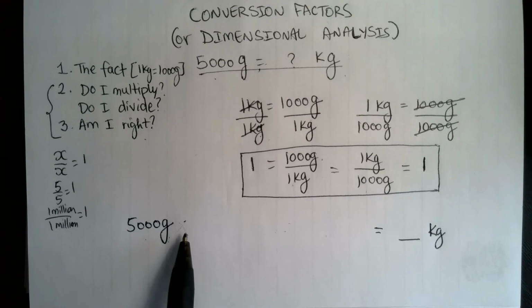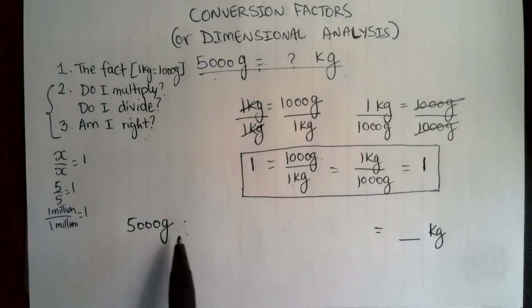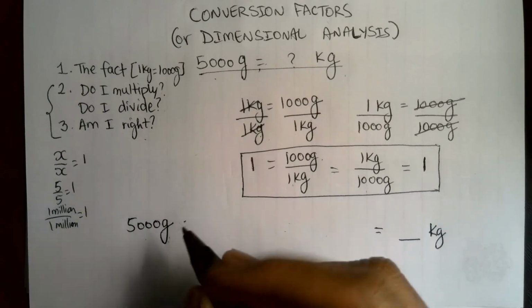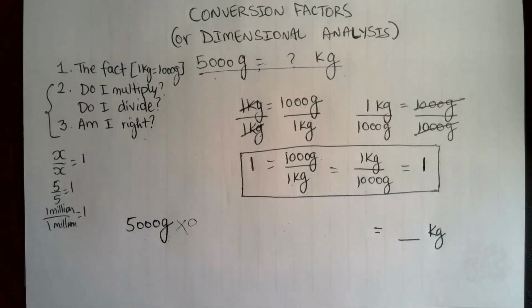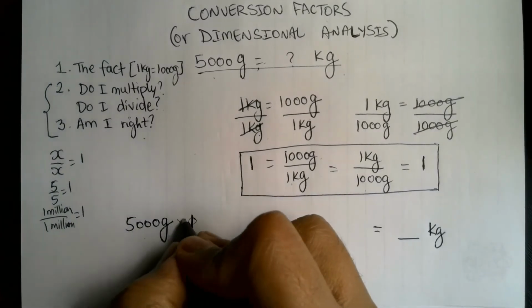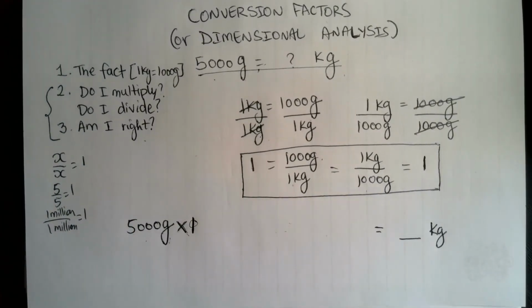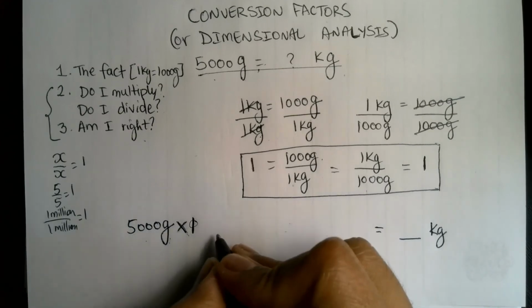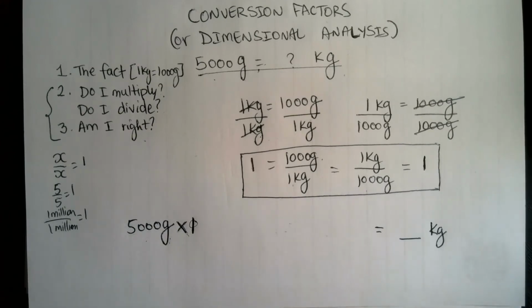I cannot multiply it by anything that is going to change that value. Even if I multiply this by 0, it changes my value to 0. That's not right. There's only one number that doesn't change the value, and that number is 1. If I multiply 5,000 grams by 1, my answer is still going to be 5,000 grams.